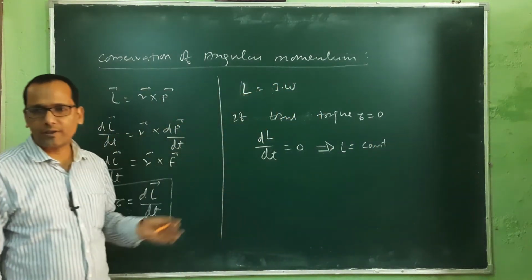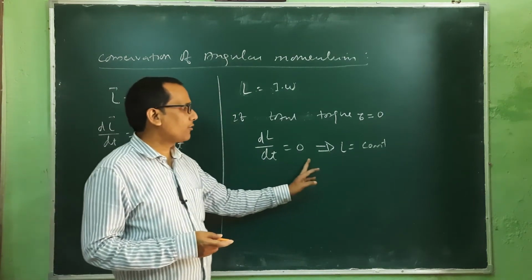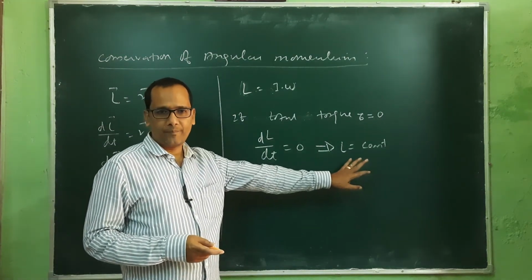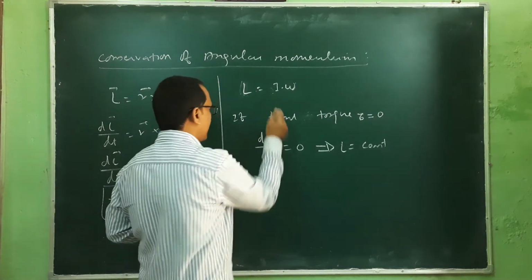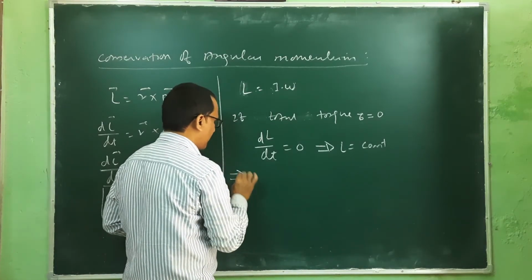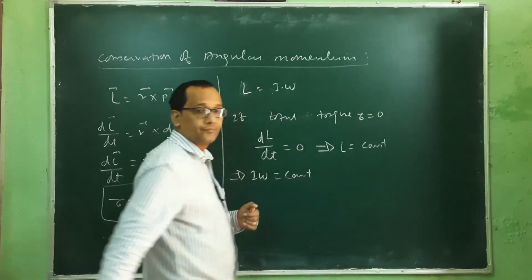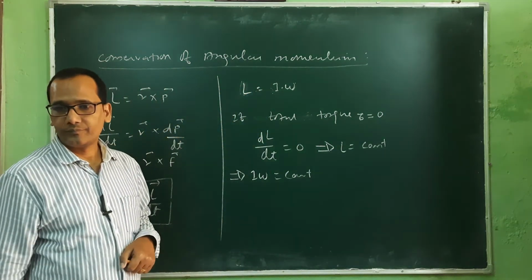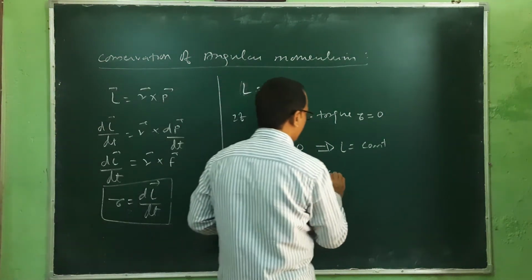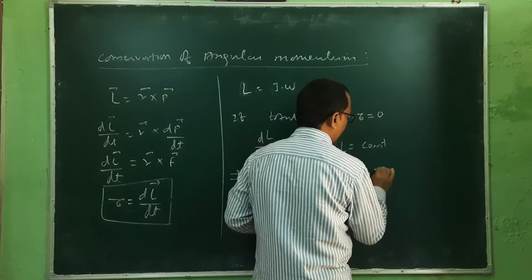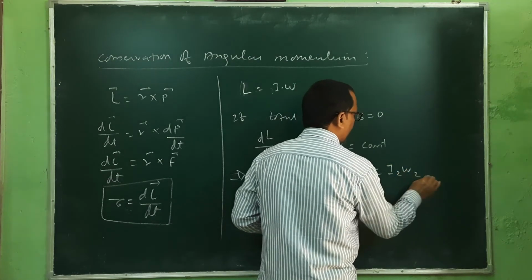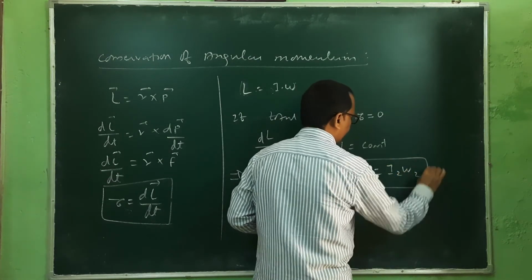From the definition and derivation, dL by dt equal to 0 means L is equal to constant. L is constant means I omega is constant, or one can write I1 omega 1 is equal to I2 omega 2.